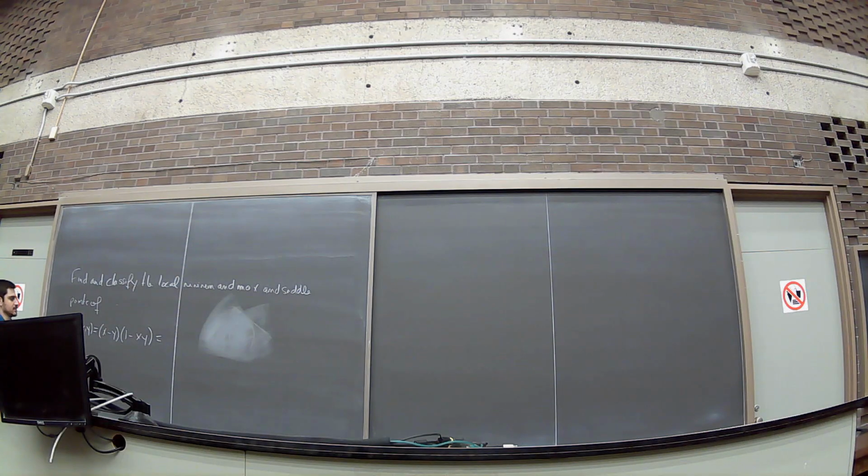We expanded that. This is just x minus x squared y minus y plus y squared x. Then what is fx? This is 1 minus 2xy plus y squared. Is that right?